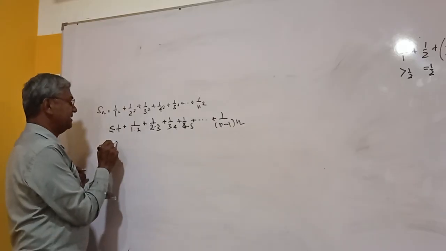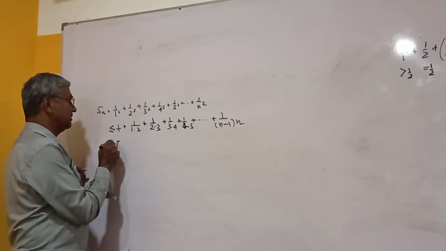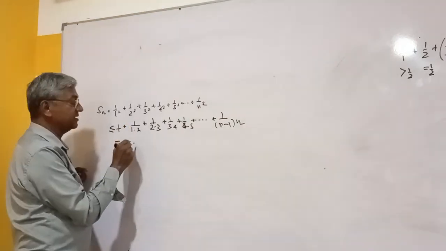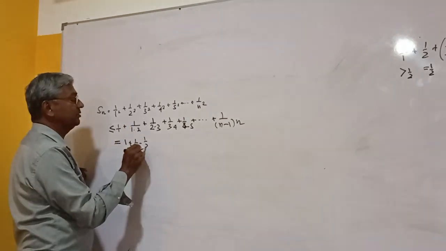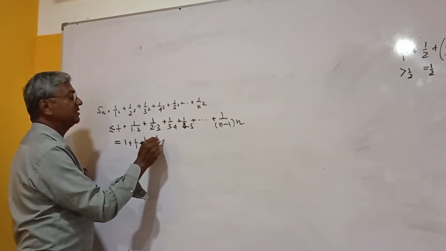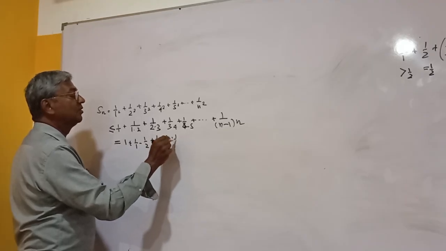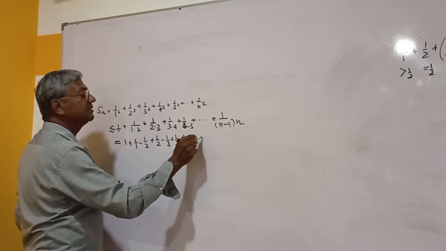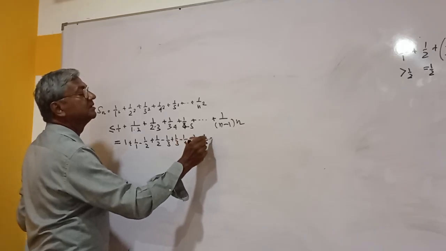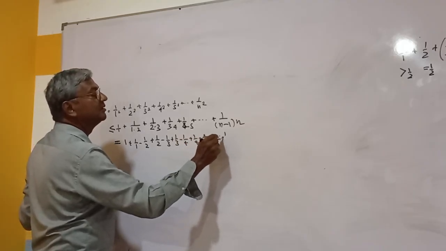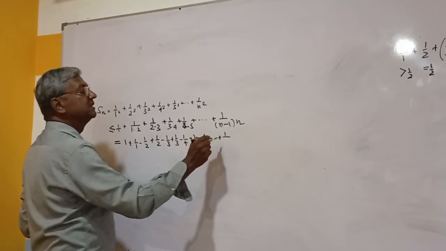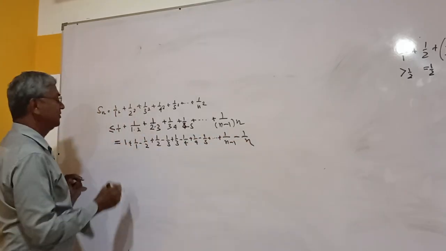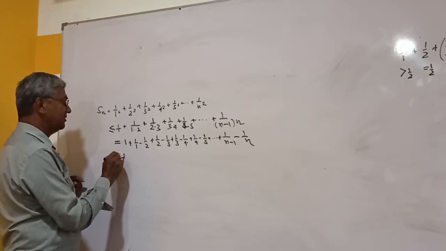Then you can see that this is equal to, you can find the partial fractions here: 1 over 1 minus 1 over 2, 1 over 2 minus 1 over 3, 1 over 3 minus 1 over 4, 1 over 4 minus 1 over 5, and so on, up to 1 over n minus 1 minus 1 over n.